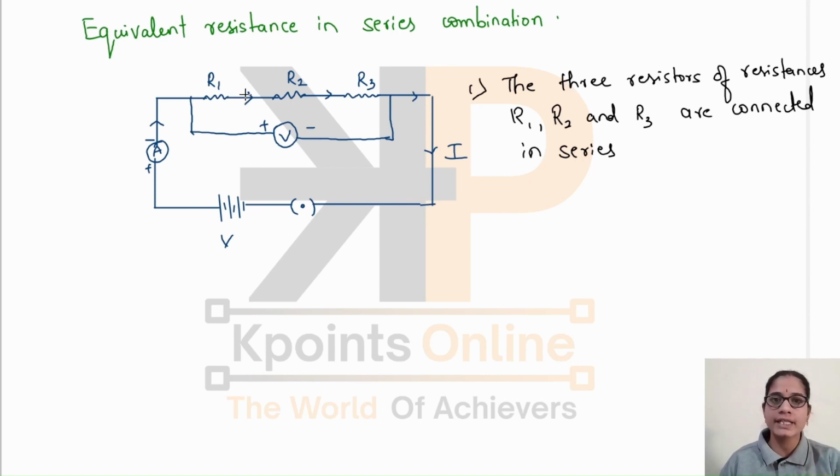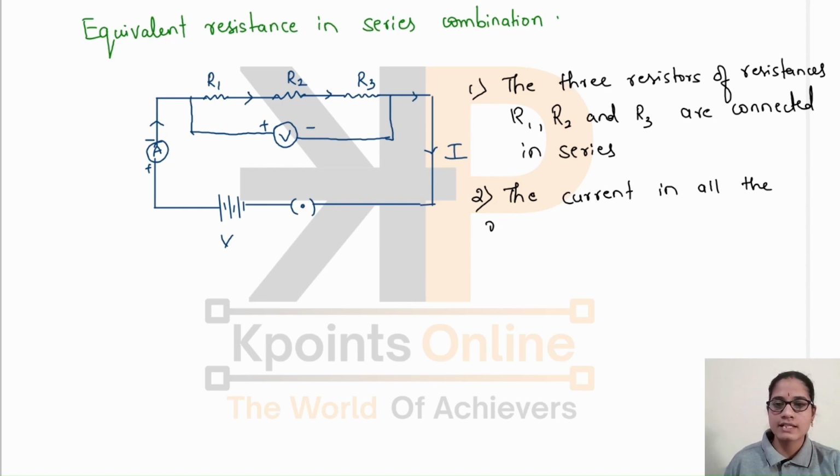It is not divided. Because of that, the same amount of current, I, will flow through each resistor. The current in all the resistors is the same.